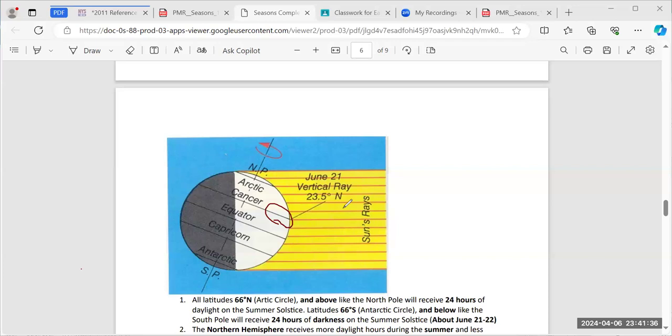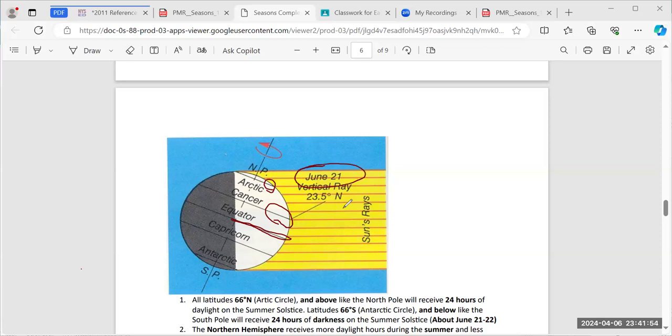Even the Arctic Circle. Once you go above the equator, it looks like more and more daylight hours is being exposed above the equator. And when does this happen? This happens during June 21st.